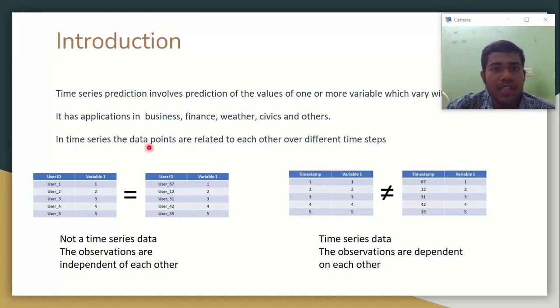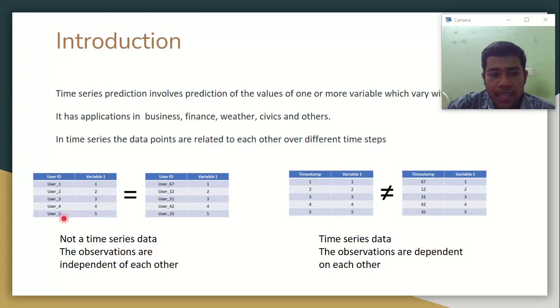So just to understand the difference between time series data and non-time series data, we can have a look at the tables which are provided here. On the left hand side, we can see the table of different user IDs and a given variable which is taking different values between 1 to 5. Let's say this corresponds to the clicks of a particular user on a website.